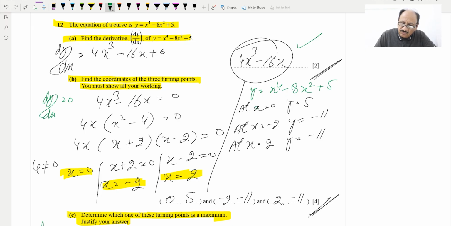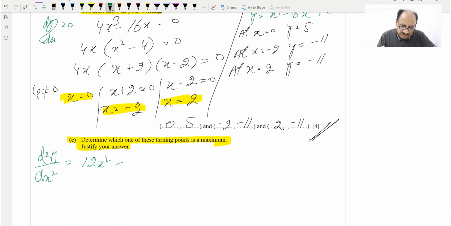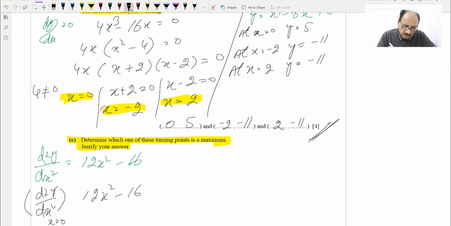So 4 into 3 will be 12, 12x square, and minus 16x, the derivative of 16x is 16. Now we have 12x square minus 16. So d2y over dx square, if we check for x is equal to 0, what will we get?